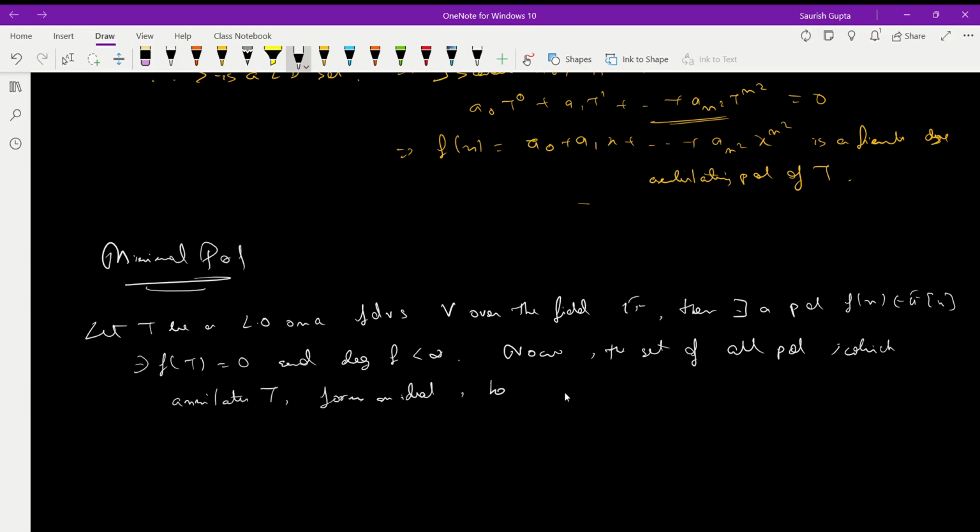Now, the set of all polynomials which annihilates T forms an ideal and consists of finite degree polynomials, so it has a least degree.